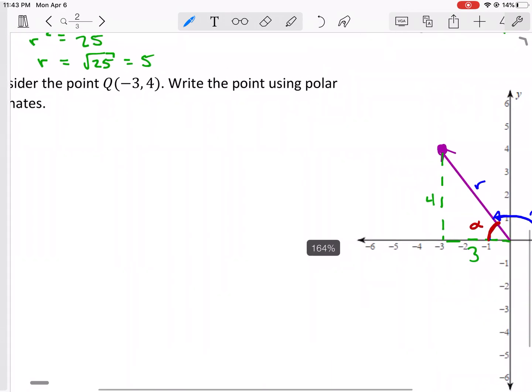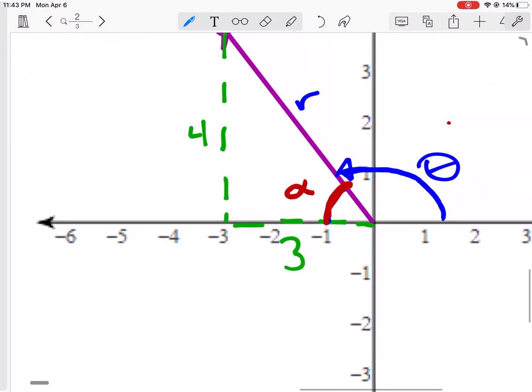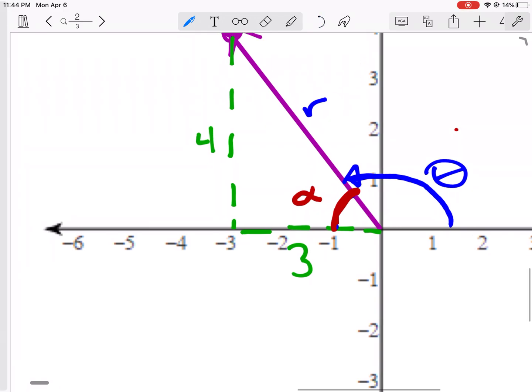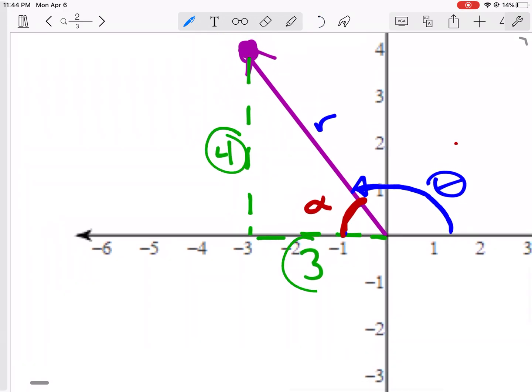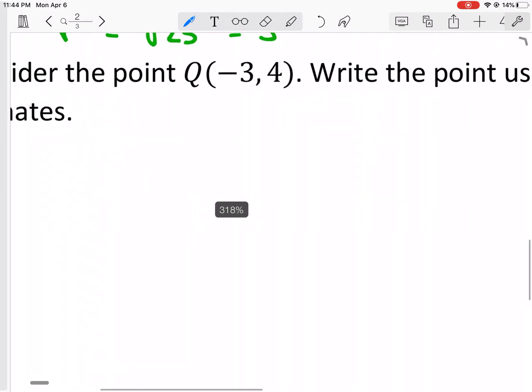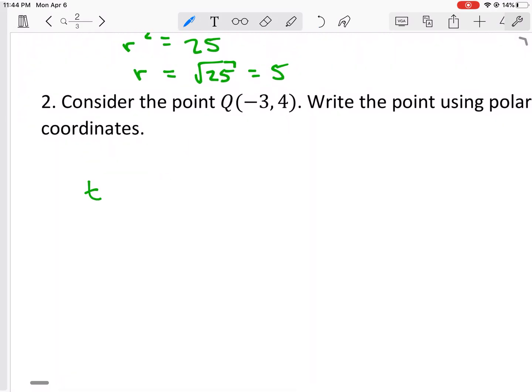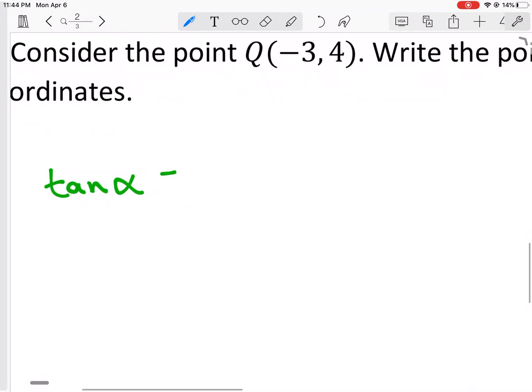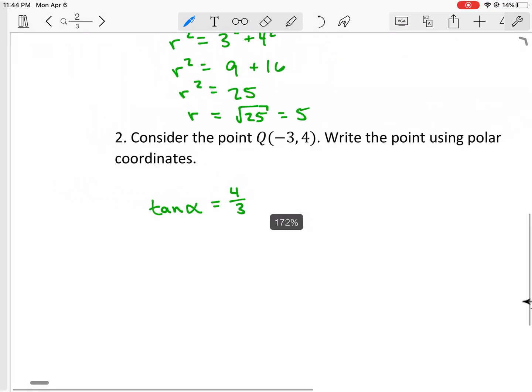So again, we need to figure out what theta is. What is this angle? Well, we could probably figure out what alpha is. We know the opposite and the adjacent sides of alpha, so again, we can use tangent. This time tangent of alpha is equal to the opposite, which was 4 over 3.